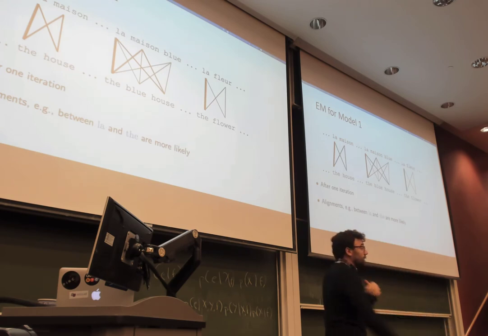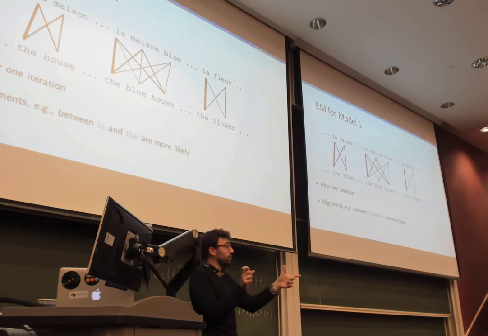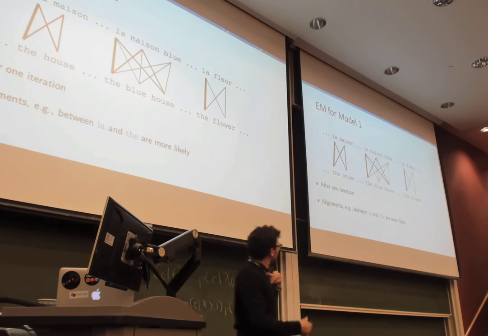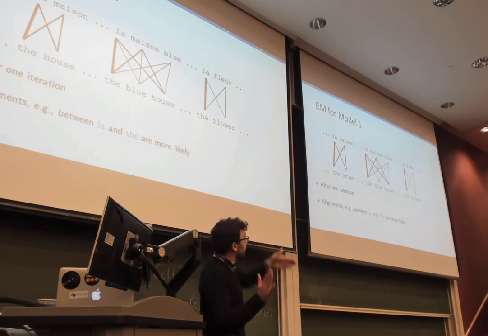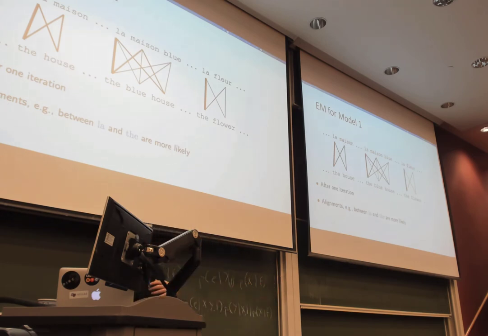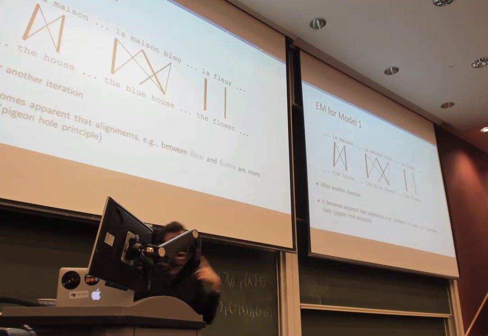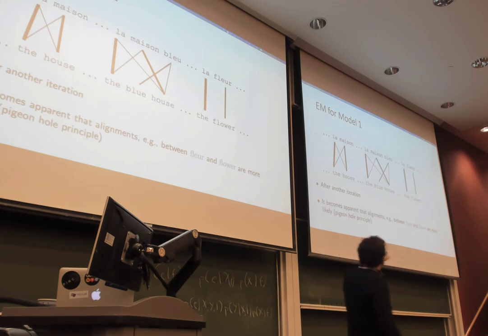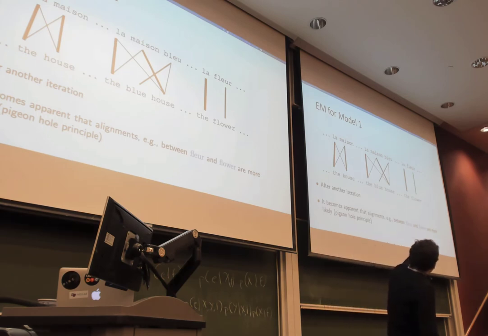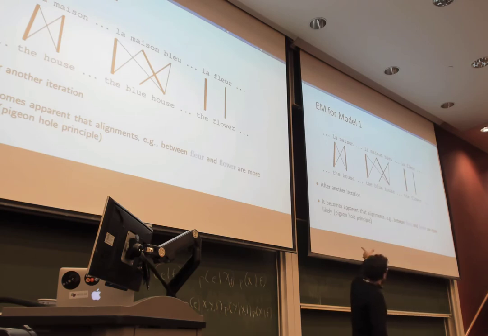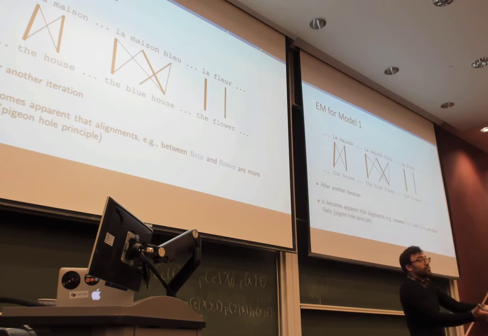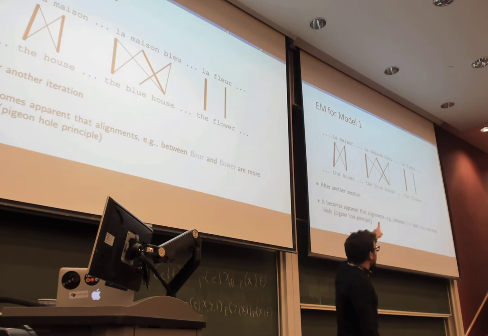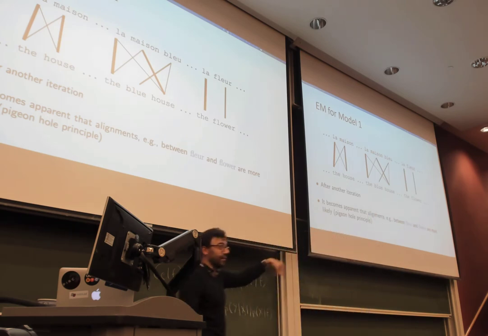And then you keep doing that, so now your initial distribution has changed a little, and if you keep doing that, la and the will become more and more likely, and equivalently, others that might be rare will also become more likely, like fleur and flower, because of the principle that if the generated la, then something needs to have generated flower, and la doesn't have a lot of probability to give anymore.